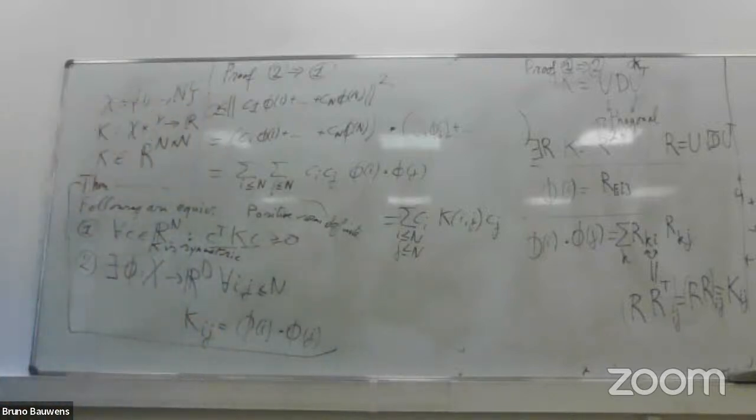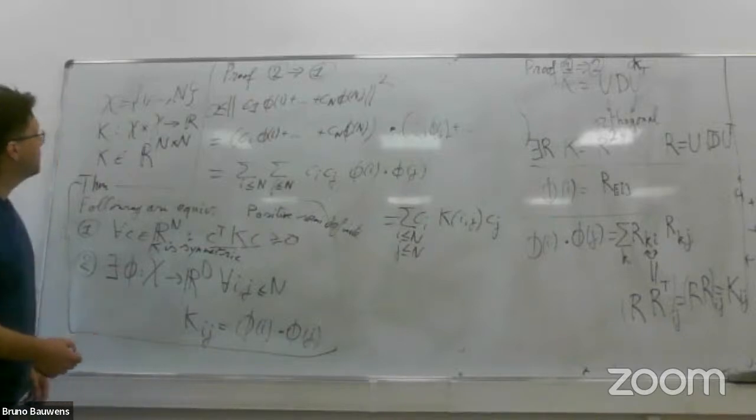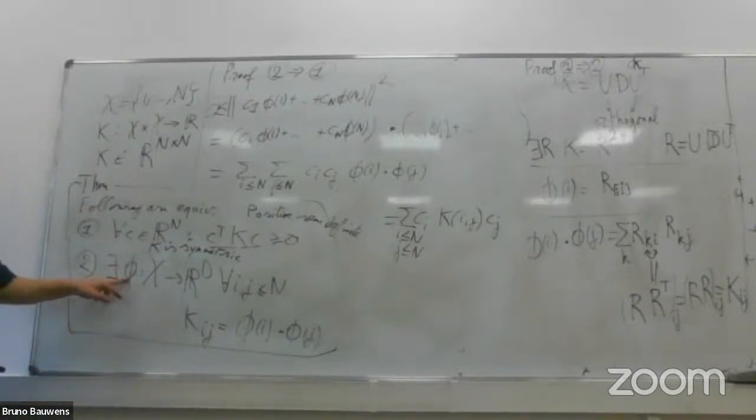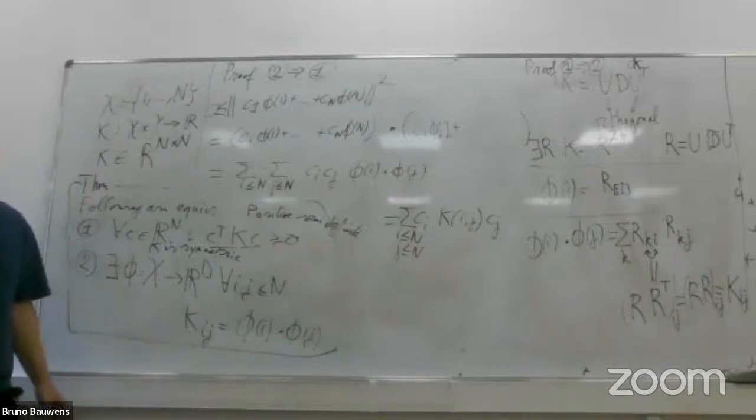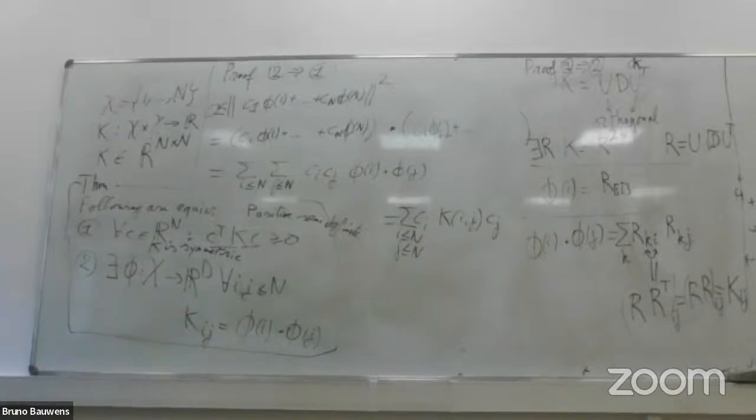The question: why is K symmetric from the first proof? Well, if this phi exists, then we should have this property, because the dot product is symmetric. And do we use in the second proof that K is positive semi-definite, or do we just use that it's symmetric?